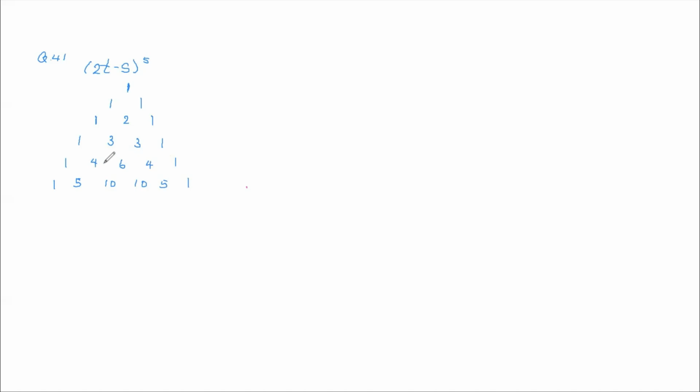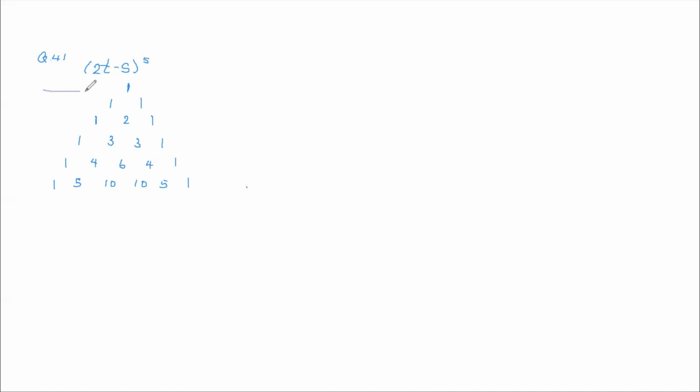Okay, this is the Pascal triangle. We need to go up to the fifth row because the power is 5. Don't forget that.